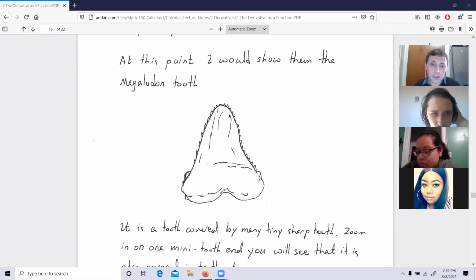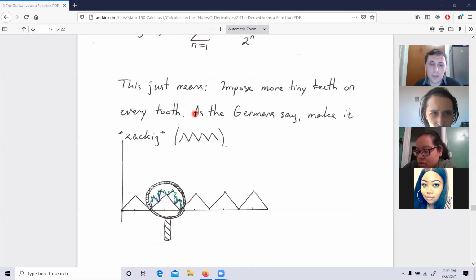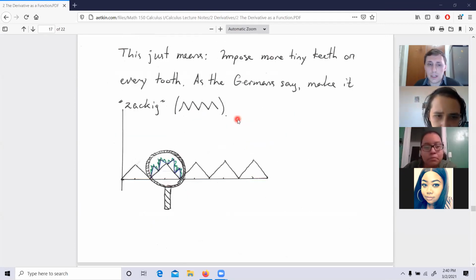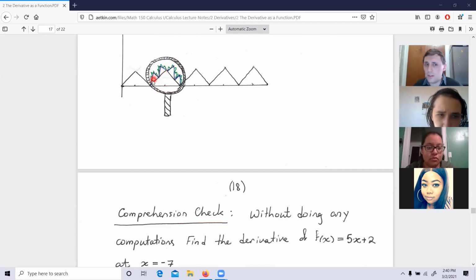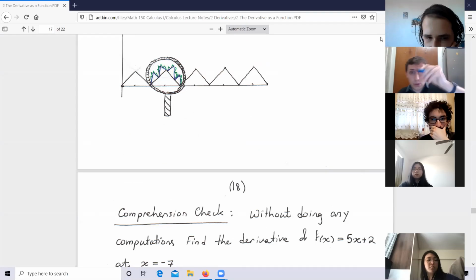We have such functions. Okay, so here is the actual function. I gave a very poor drawing. I was too lazy. What you will see is that you can construct that previous example, and on top of it superimpose more teeth, and upon those teeth superimpose even more teeth.